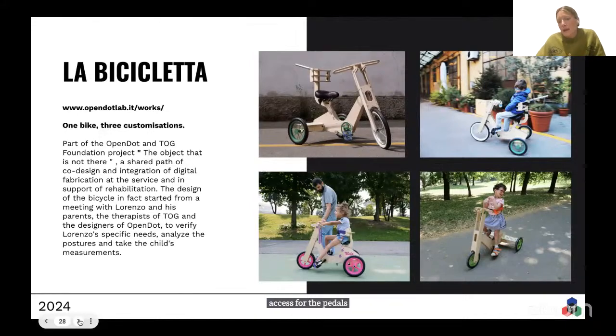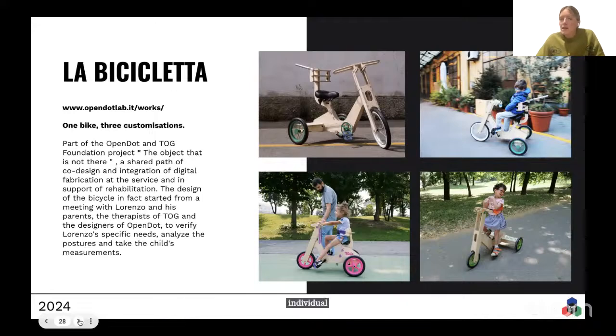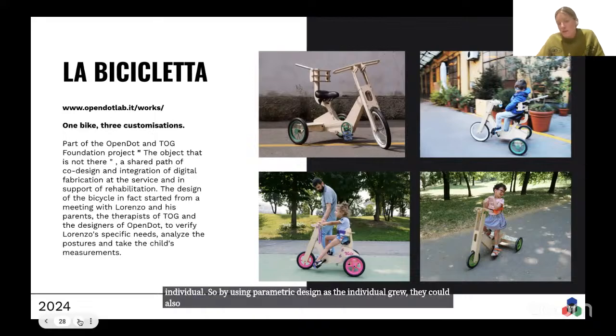So the Fab Lab got together with the child's parents and an NGO locally in Italy, and designed a bike that would work for this individual. By using parametric design, as the individual grew, they could also increase the size of that bike so that the bike was able to grow with the child.